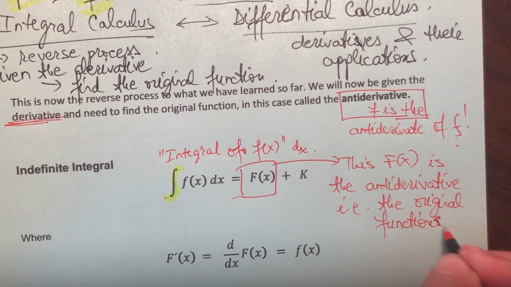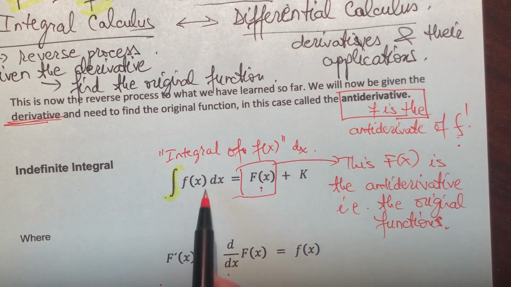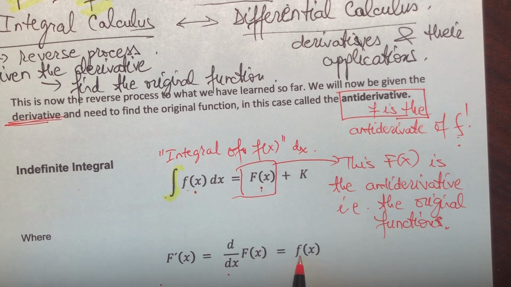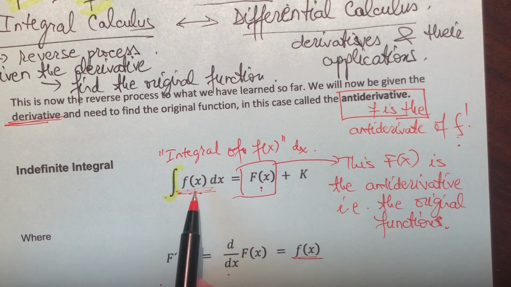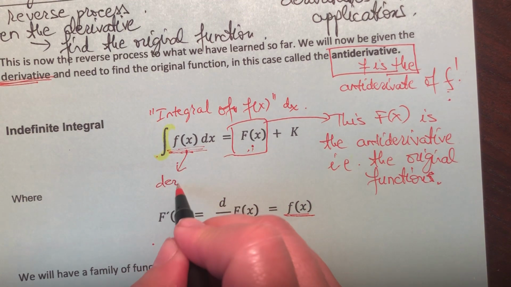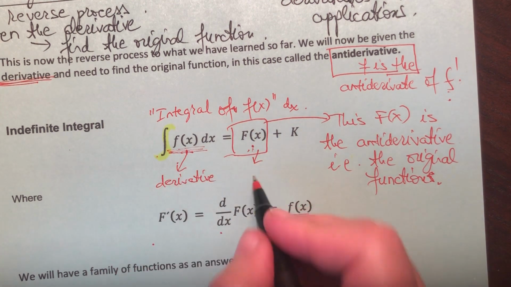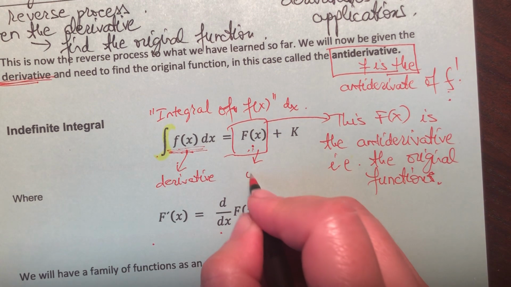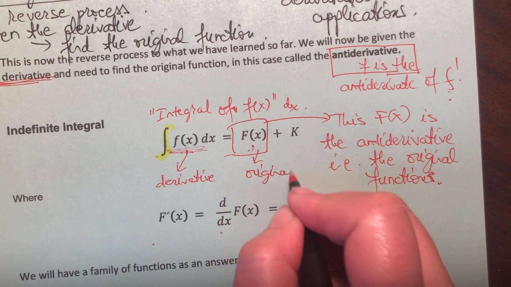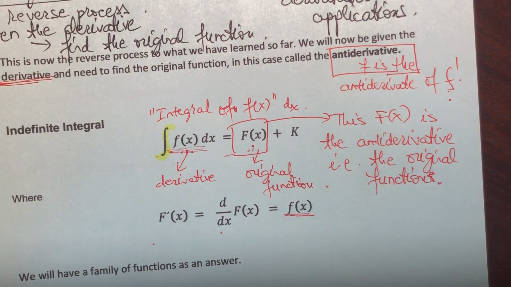So just as I said here, the derivative of this is equal to the function in here. So this is the derivative. So taking the integral of the derivative gives you the original function. We're starting with the derivative, and by writing the symbol, we are going back to the original function. I think I've said that plenty of times already.